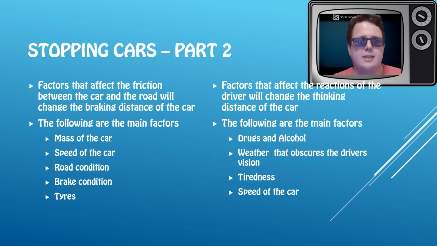So that's things like the mass of the car, because that gives you more energy to stop, meaning you're going to need to have more work done. Obviously, the speed of the car is discussed. The road condition, if the road is slippery, then things like snow and ice, about 10 times as far, rain's about 4 times as far.